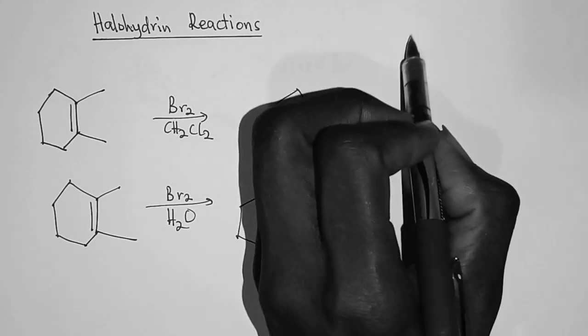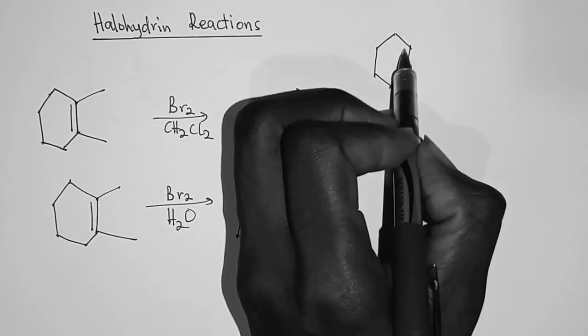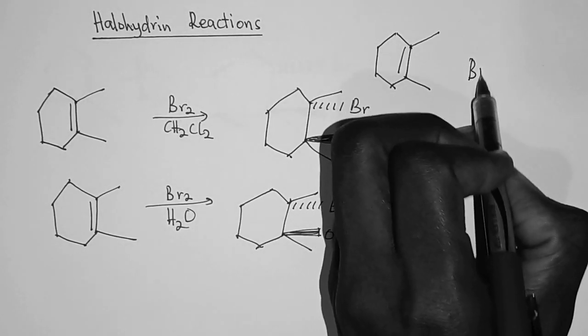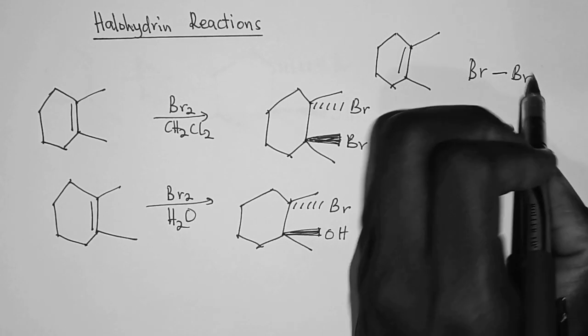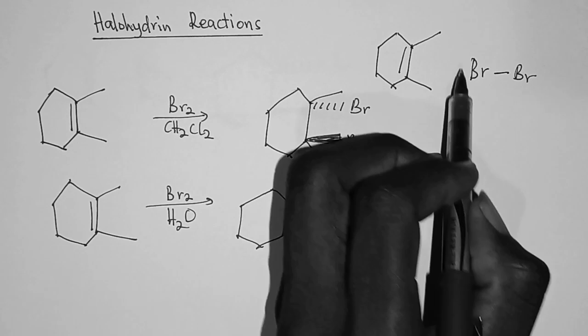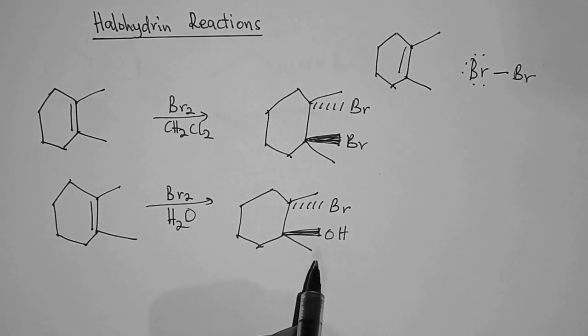So the starting material was this alkene. And then we had a Br2 gas. So what happens is that, remember that bromine has 3 lone pairs of electrons around it.